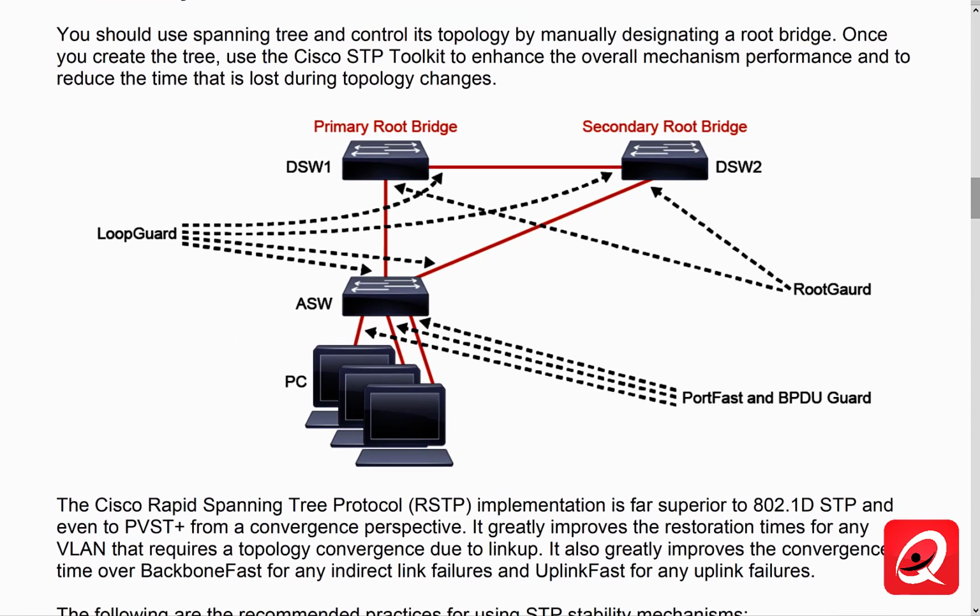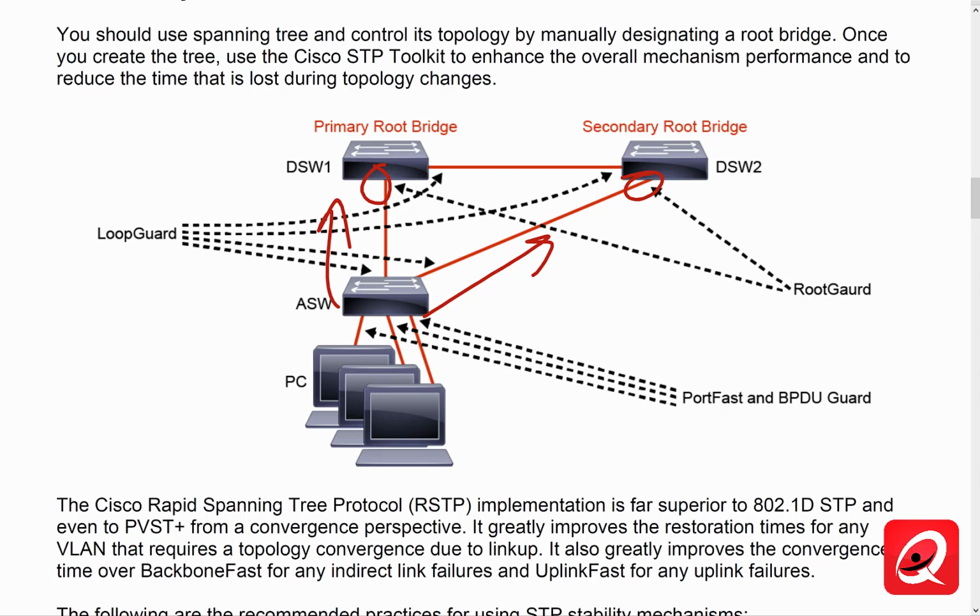We should use the spanning tree mechanisms, in most cases. These spanning tree mechanisms are going to be very useful. As far as Root Guard goes, we would typically enable Root Guard on the downstream ports on the distribution switches. So basically with Root Guard enabled on these ports, if this switch now starts claiming to be the root, the ports will go into what we call a root inconsistent state, and they will start blocking traffic for that VLAN.